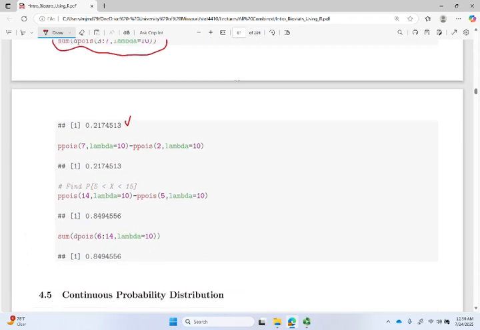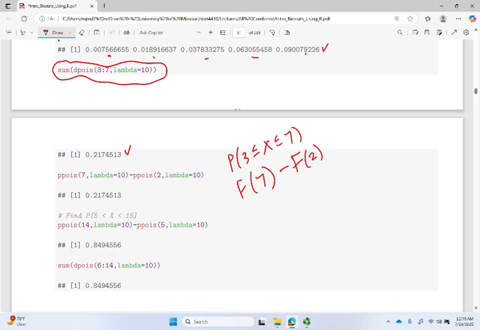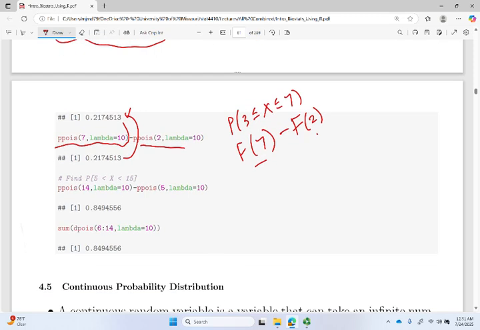Now, we could have used the difference of CDFs. So the probability that we're between 3 and 7 is the CDF of 7, and then we want to subtract off 2 and below. We don't want to get rid of the 3. So this is the CDF of 7, and then we're subtracting the CDF of 2, and we get the same number.